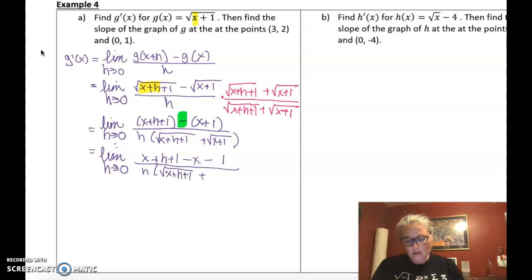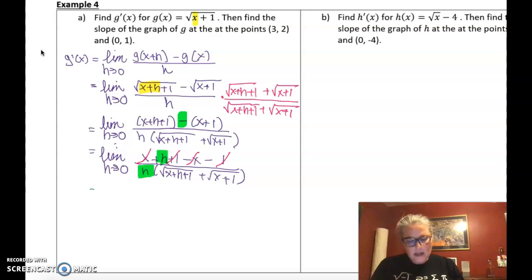So let's not forget to write all of that. And then we have some cancellation: the positive x and the negative x, the positive 1 and the negative 1. And if I just look at this part, the h over h, they also cancel each other out. So let's write that a little more cleanly.